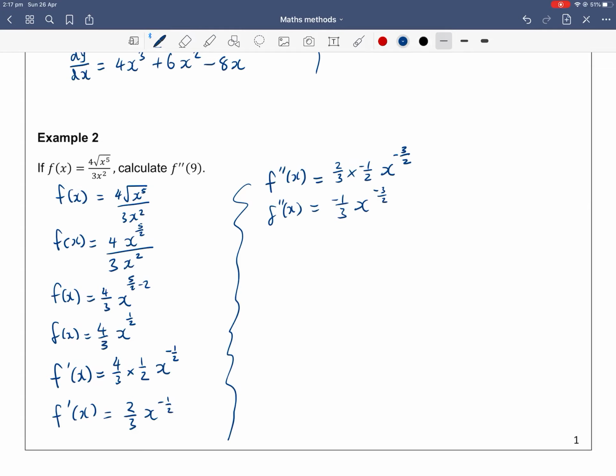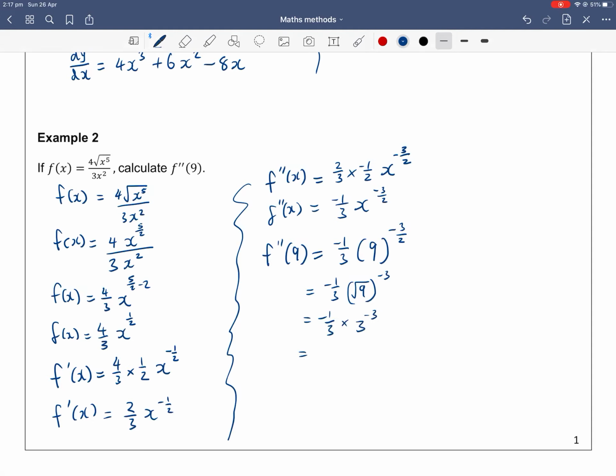But we want the second derivative when x is 9, so f double dash of 9: wherever x occurs you just replace it with 9. Negative 1/3 times 9 to the negative 3 on 2. You can either use a calculator or use your brain to figure it out. The over 2 means square root of 9, to the negative 3.